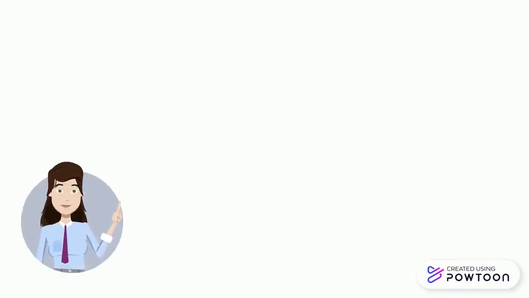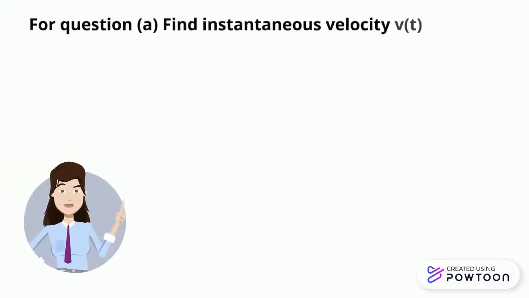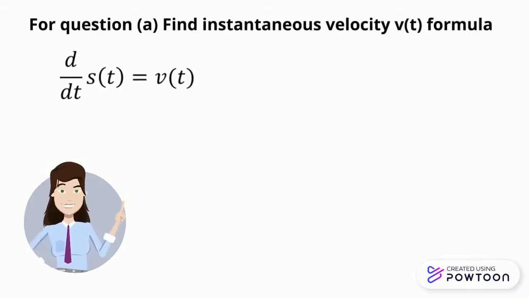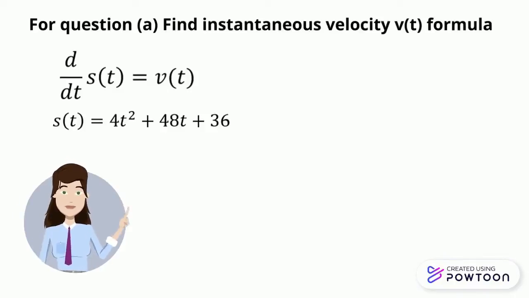For question A, we are looking for the formula of the instantaneous velocity. Remember that I gave you a formula a while ago, which is the derivative of position with respect to time is equal to the instantaneous velocity. We just need to substitute the given equation. s of t is equal to 4t squared plus 48t plus 36.